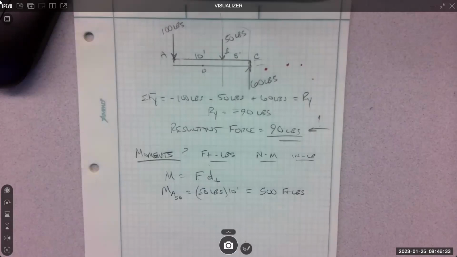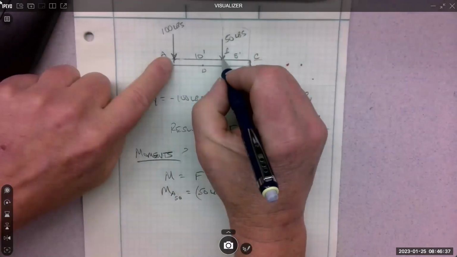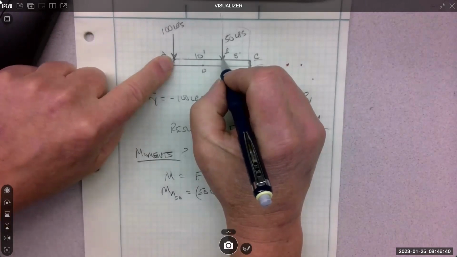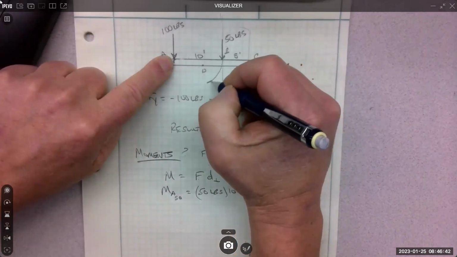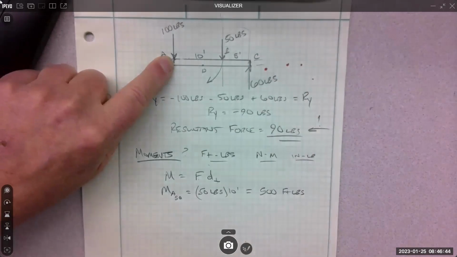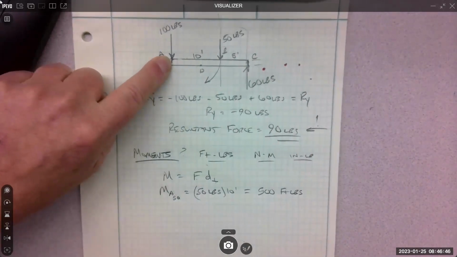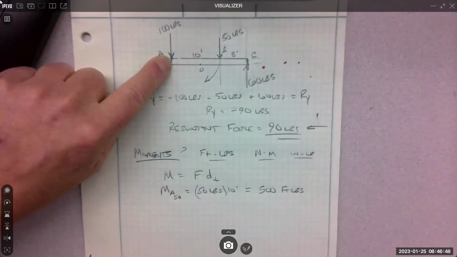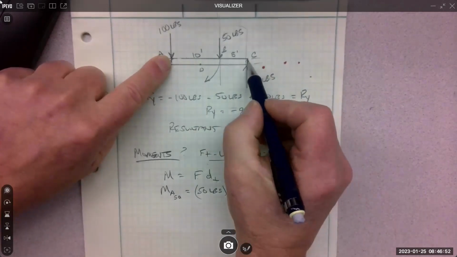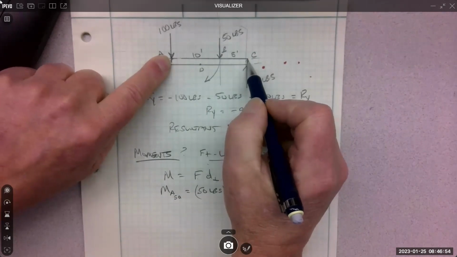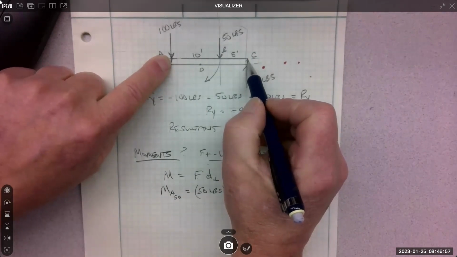Now we have rotation. Oh, rotation's different. Rotation is like, what is this 50 trying to do about point A? So what I do is I continue it in an arc to understand how it's trying to rotate about point A. And you've got to have the point, because guess what? About point C, it's different. It's trying to rotate the other direction, right?